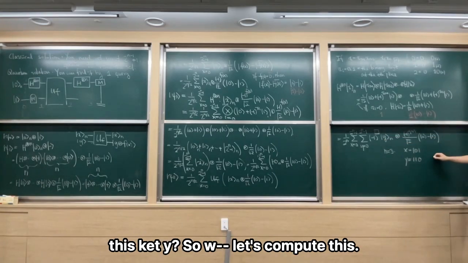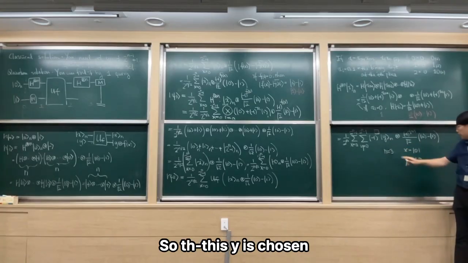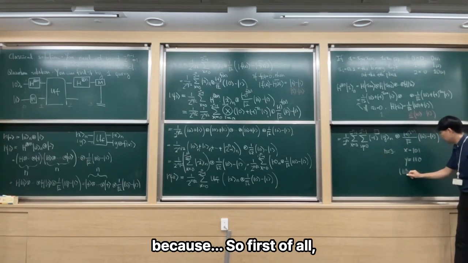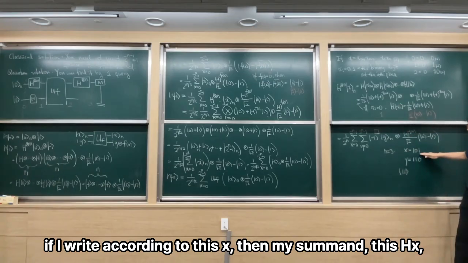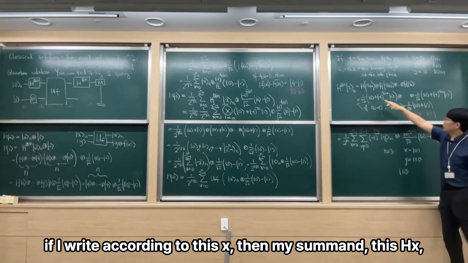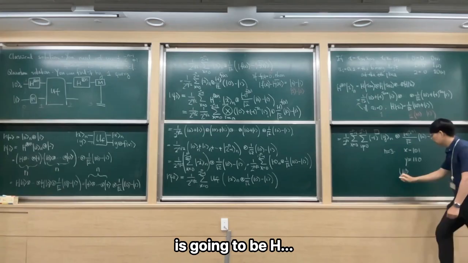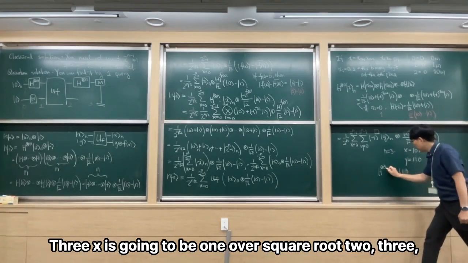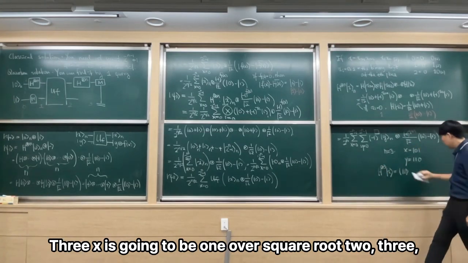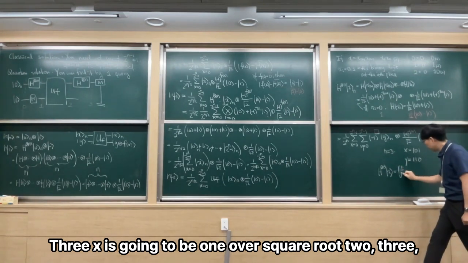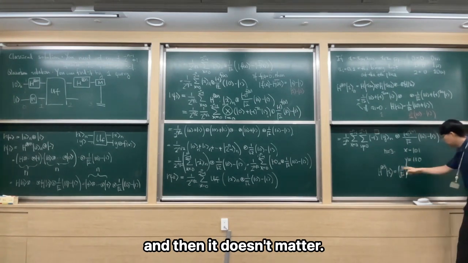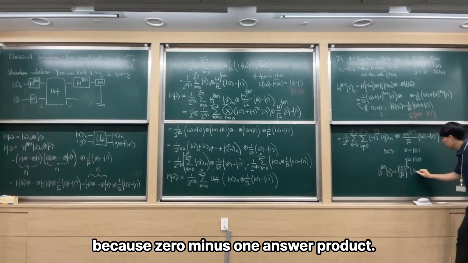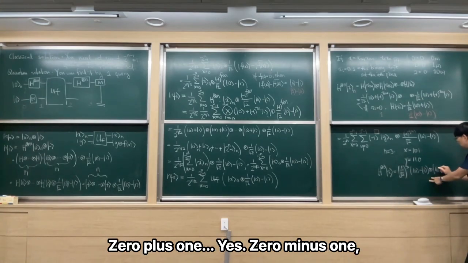So let's compute this. First of all, if I write according to this x, then my H tensor 3 on x is going to be 1 over square root of 2 to the 3, and then it doesn't really matter here, so 0 minus 1, tensor product, 0 plus 1, tensor product, 0 minus 1.